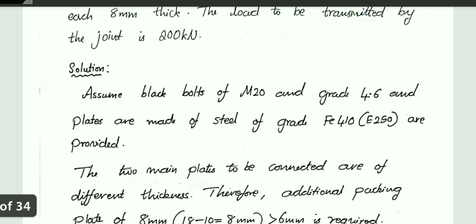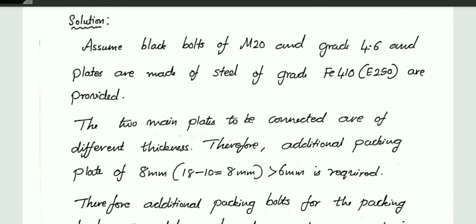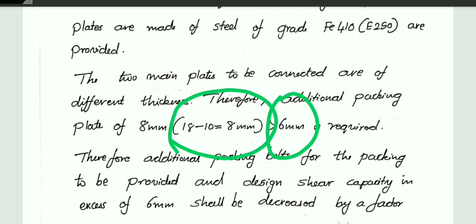Assume no other data are given. Assume M20 bolts of grade 4.6 and Fe410 grade of steel. The packing plate used is 8 mm, which is greater than 6 mm.